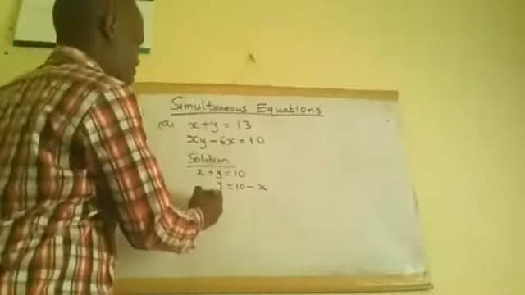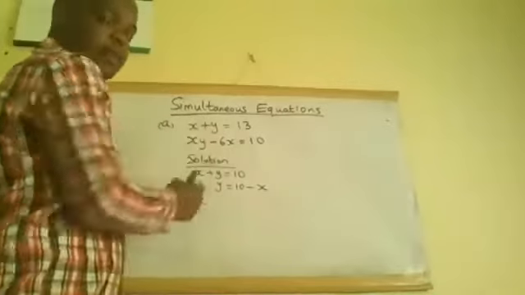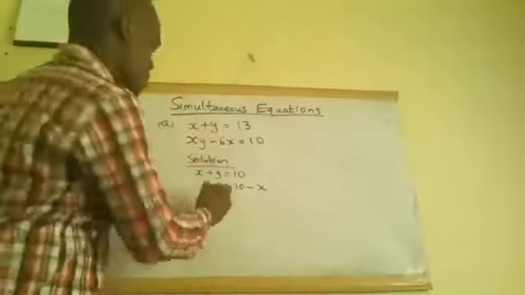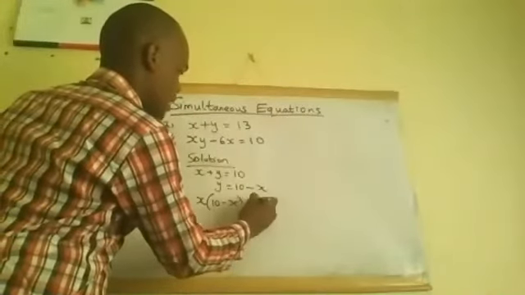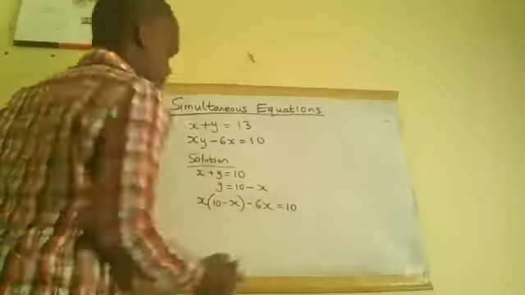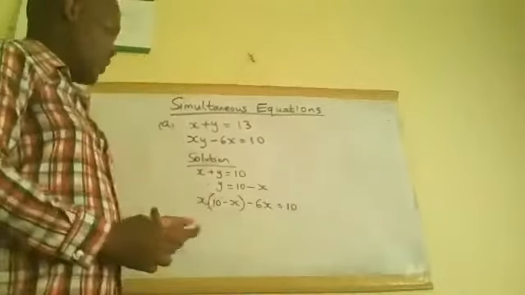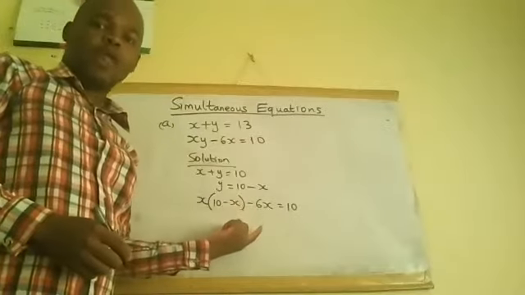So this is what you get. This is x. In place of y, you will put 10 minus x, and then minus 6x is equal to 10. Then you open the bracket. So now we are dealing with one unknown.